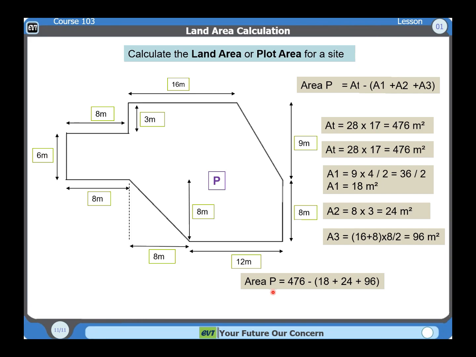Now area P equals 476, the imaginary space, minus area A1 which is 18, plus area A2 which is 24, plus area A3 which is 96. The result of this land area is 338 square meters. This is the method of how to calculate the land area or complex shape.